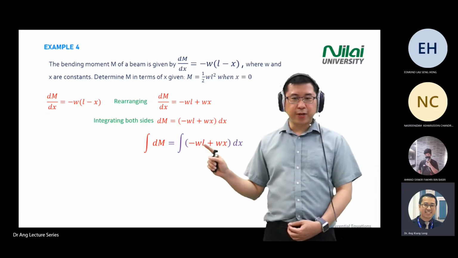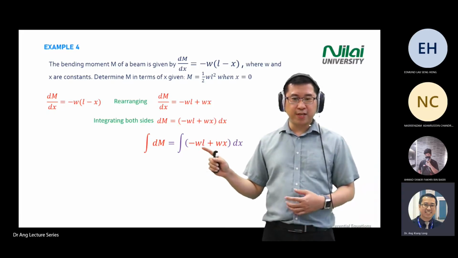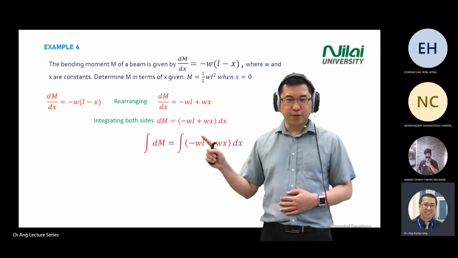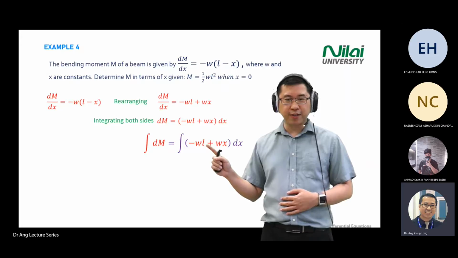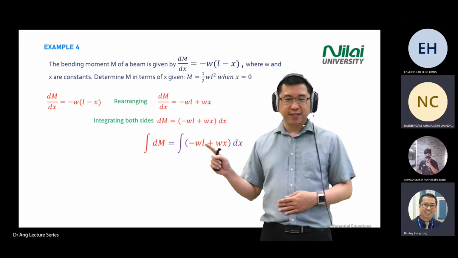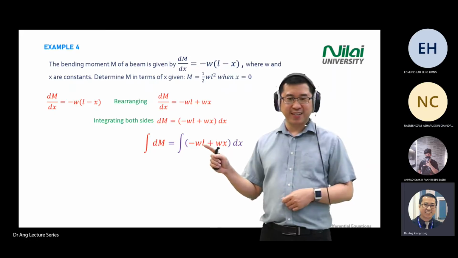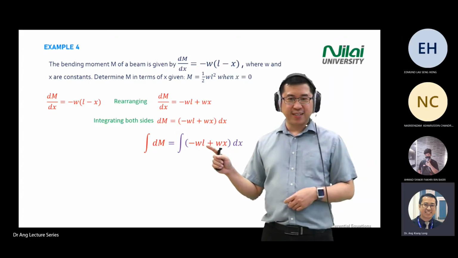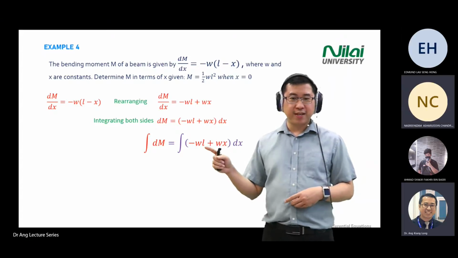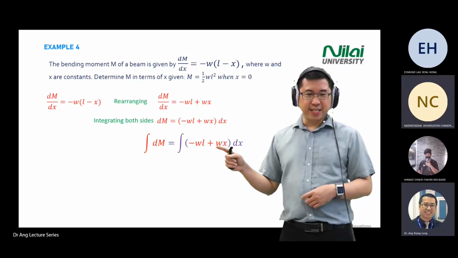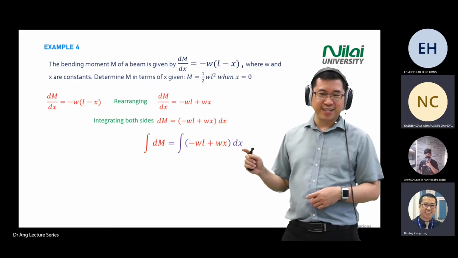No. WL, you treat as a constant value. If this one is a constant value, what do you get if you integrate? If you integrate 1 dx, what do you get?